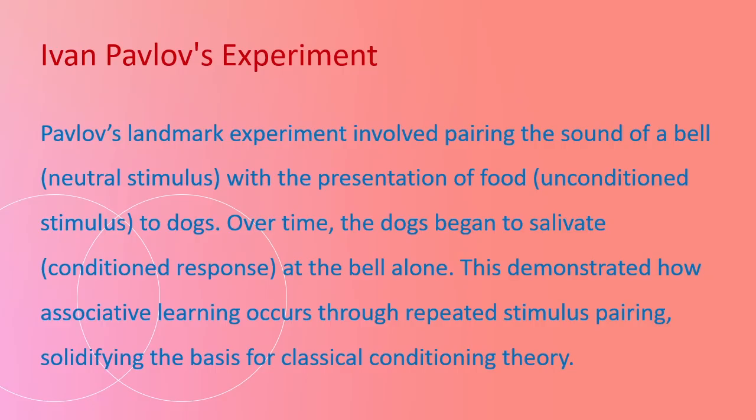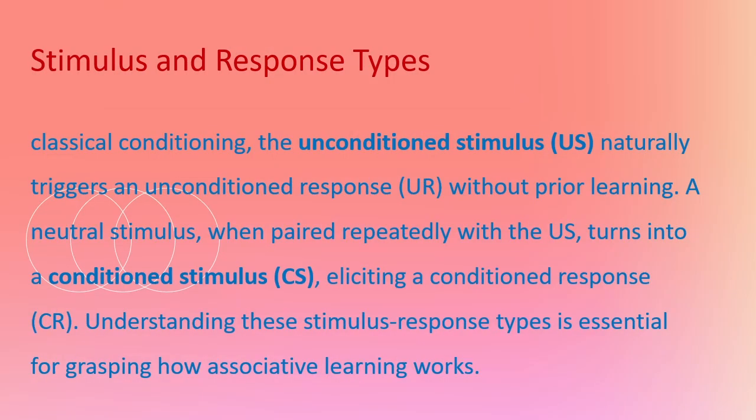So he used to ring the bell and give the food to the dog, and the dog demonstrated associative learning. One day, he just rang the bell and did not give the food, but still the dog was salivating. That means it learned the behavior that if the bell rings, I'll get the food.